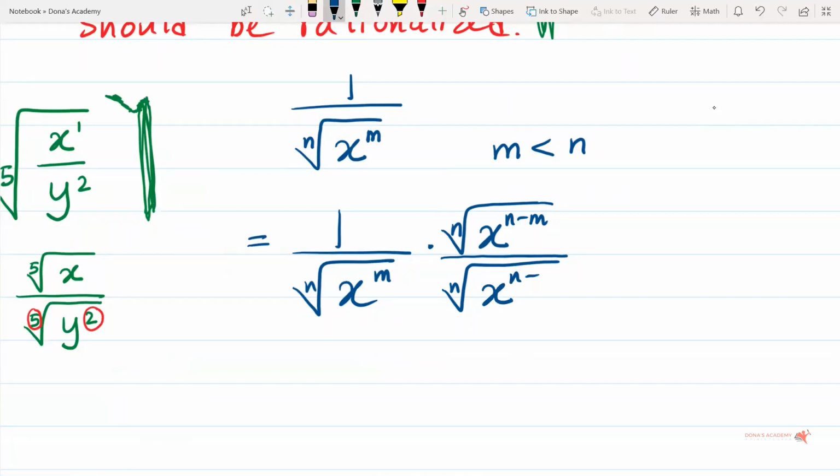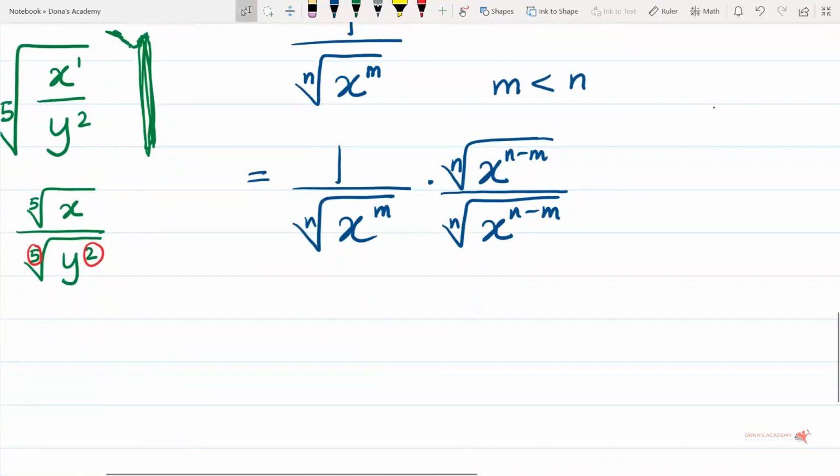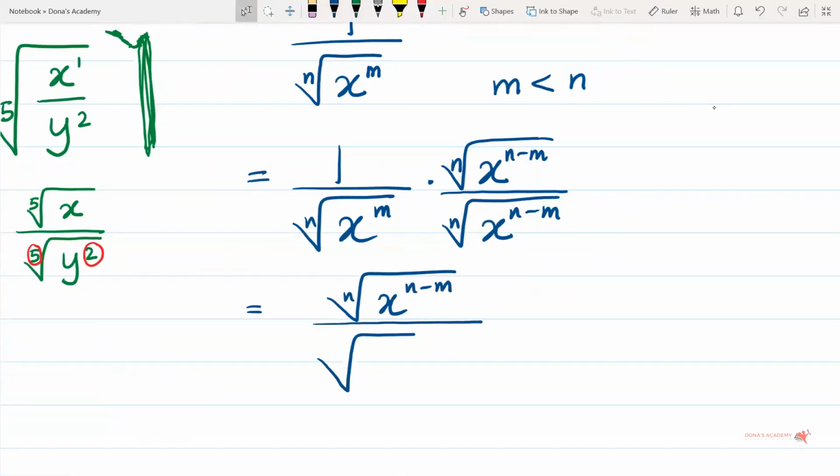Now what if I multiply both top and bottom by this factor? Then let's simplify. In the top I have this. In the bottom, if I combine using the laws, then what I have is x^m times x^(n-m). Okay? Now I see some cancellations, right?